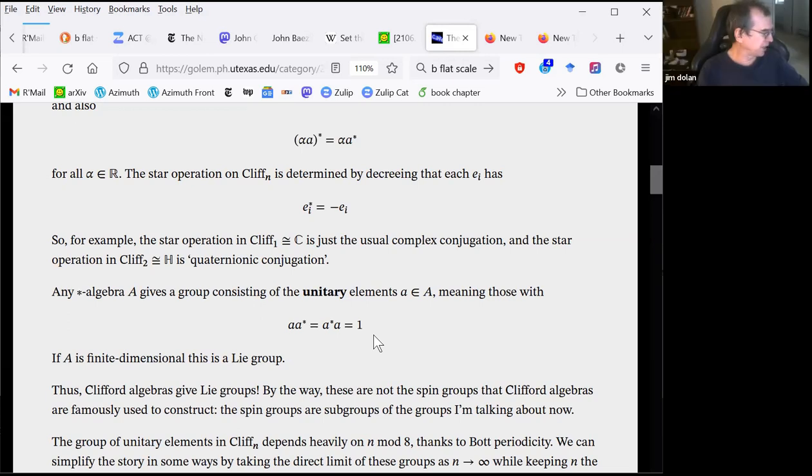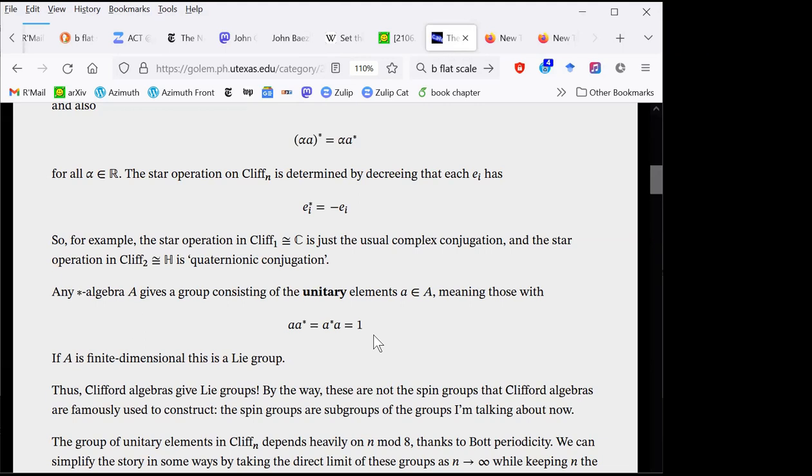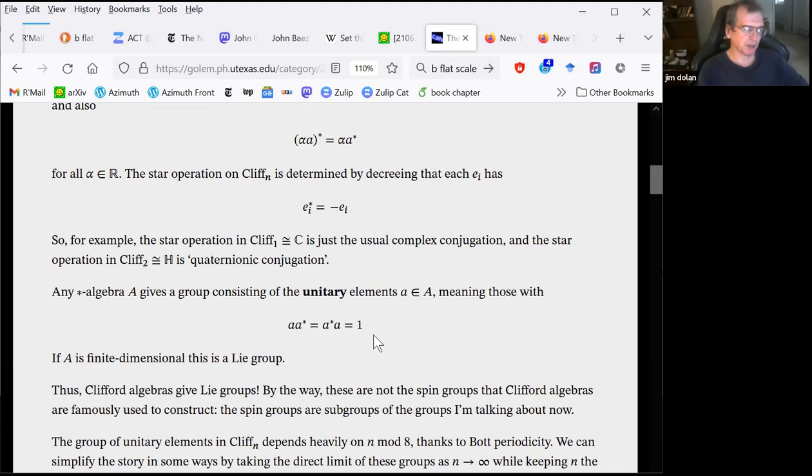Because you've got two guys, I and J, and they anti-commute. And somehow from that you get IJ equals K. There's something like that, but I'm not sure how much I've thought about that. We might have to think about that more.